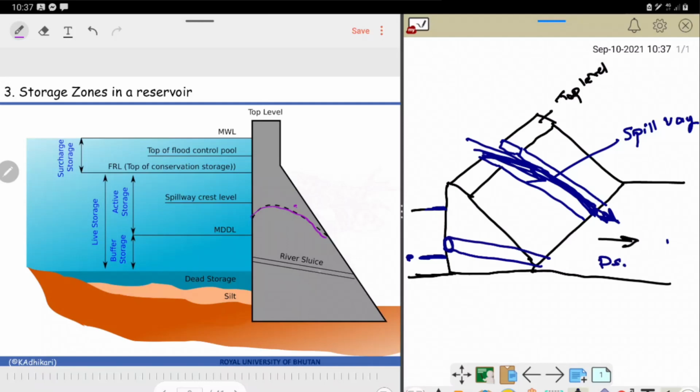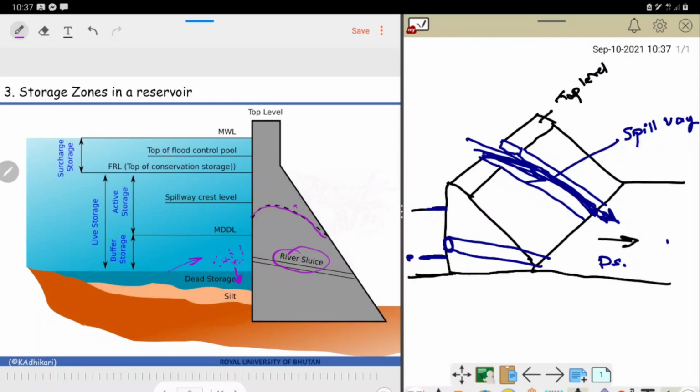The main function of this river sluice is, as you know, because you are damming the water, sediments will start to deposit. Now in this region, there is a high concentration of sediment which has not yet completely settled, but the amount of sedimentation is very high here. If we let it be here, it will simply deposit and eventually fill up the dam.